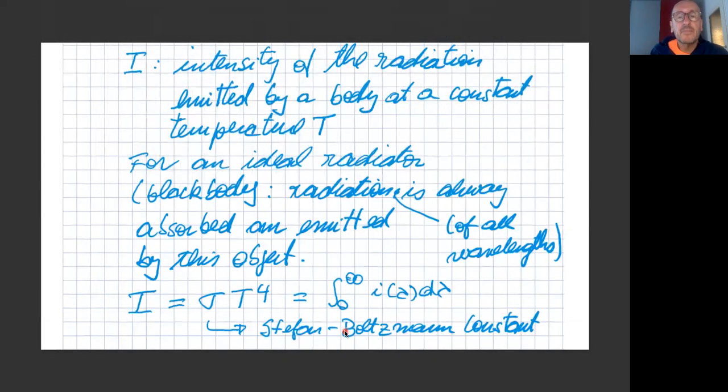What we can do is describe an ideal radiator, a black body, where radiation of all wavelengths is always absorbed and emitted by the object, and that's why it looks black. That's why it's called a black body.